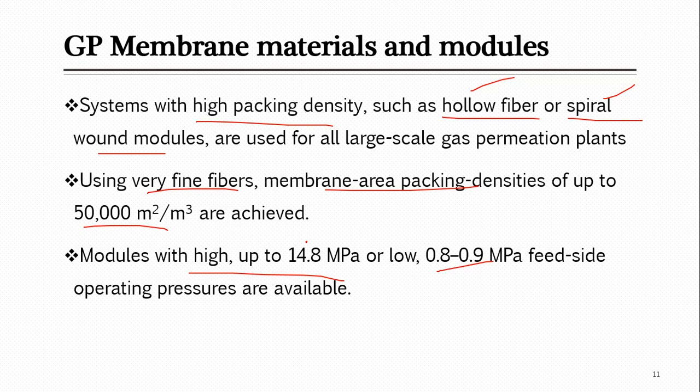It is very huge pressure, and due to this gas separation takes place and the flux will be high, because with high pressure on the feed side and low pressure on the permeate side, the difference will be high. It gives a higher flux. As well, in order to support the membrane, we go for a combination of porous and non-porous membranes, or asymmetric membranes.